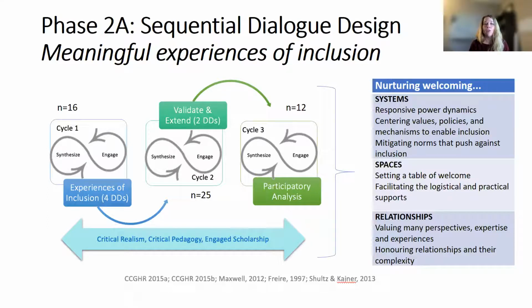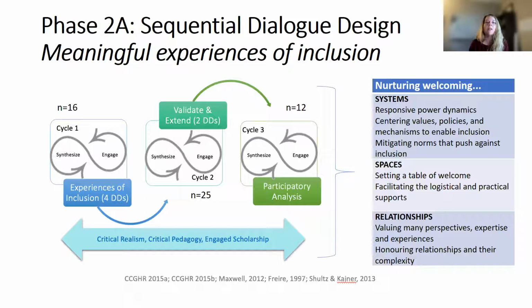Some of them did share their art with others, and we used that art as an opportunity to really spark deep reflection about what are the practices, what are the structures, what are the pieces of experience that make it feel more or less meaningful, more or less tokenized. After we had that first series of 4 dialogues, we synthesized what we heard.